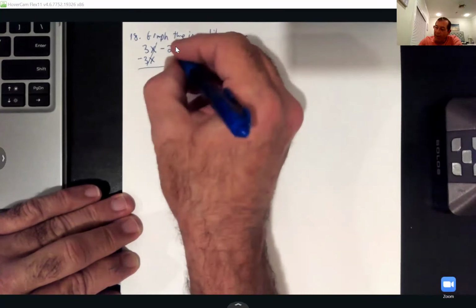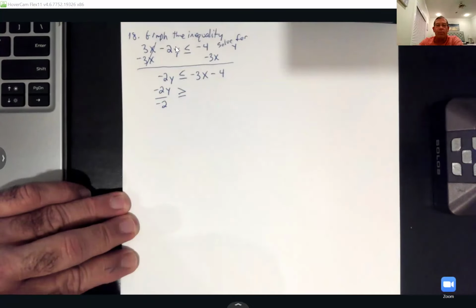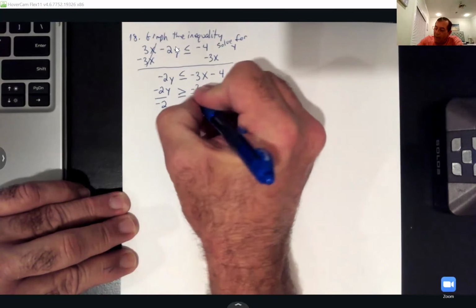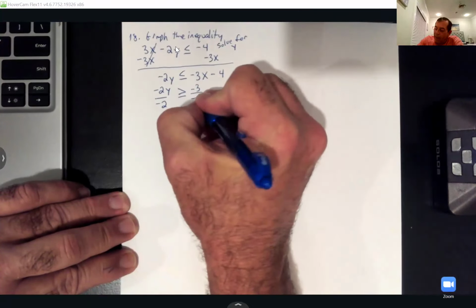Now, the most critical point on this problem is I'm going to divide by negative 2. Since I'm dividing by negative 2, I've got to take that inequality and reverse it. So this inequality will now change into a greater than or equal. Okay, so that's the biggest thing, remember.